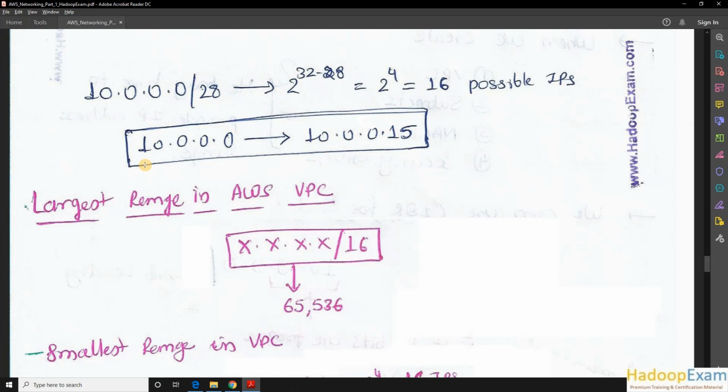It means one network in AWS can have a maximum of approximately 65,500 machines. If any organization wants more than 65,000 systems in their network, they can simply create more VPCs. So if I need 1 lakh systems in my network, I would create 2 VPCs and use them.